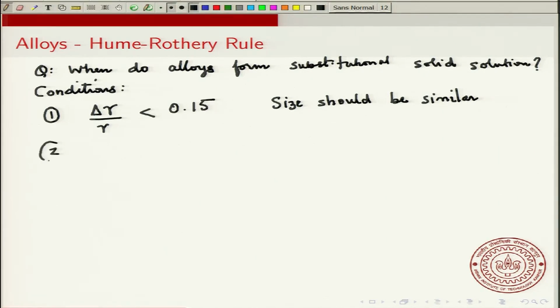Okay, the second condition is that their crystal structures should be similar.